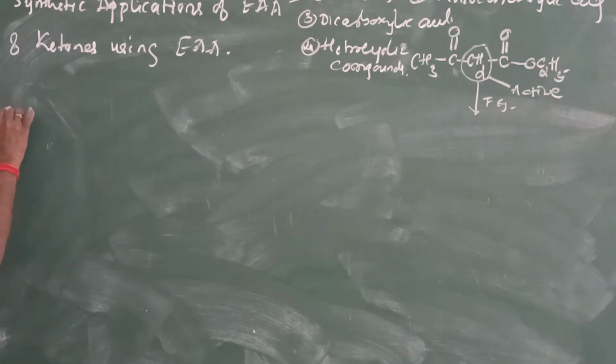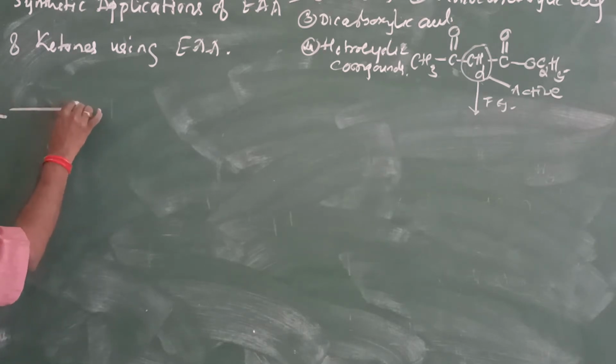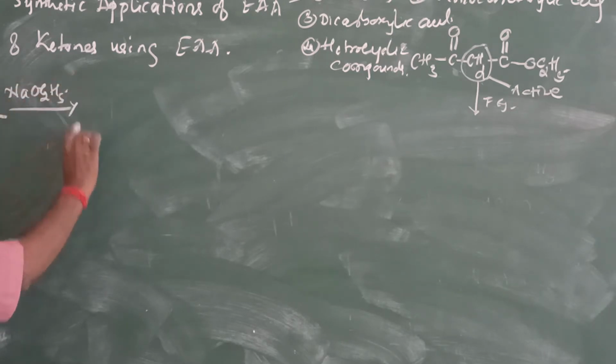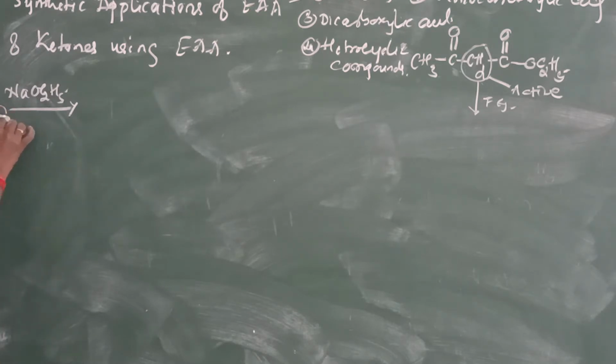Now this molecule is allowed to react with sodium ethoxide. Okay. Then, as you know, the H atom of this and OC2H5 of this will be eliminated as C2H5OH.